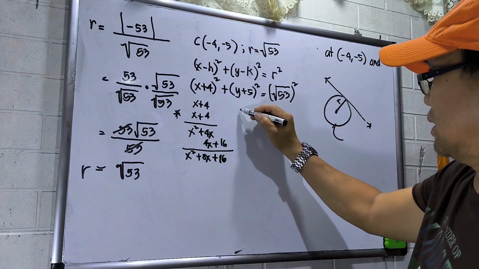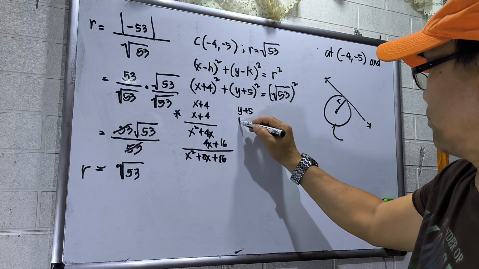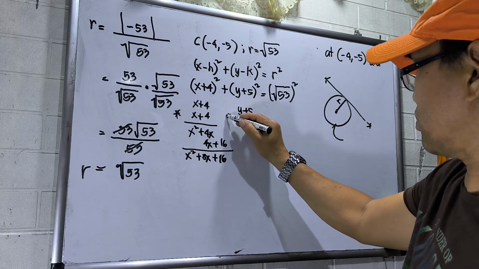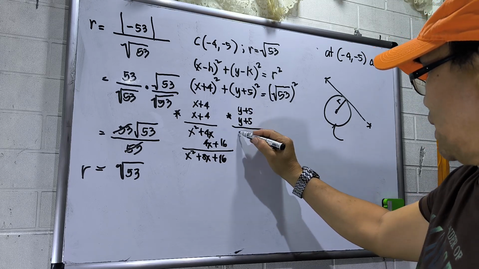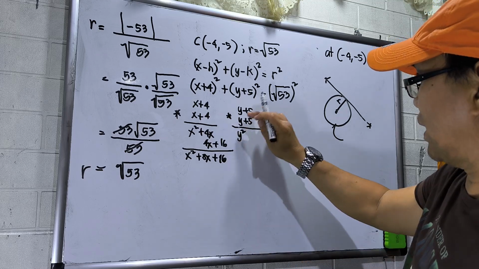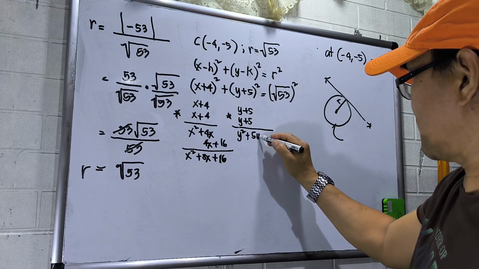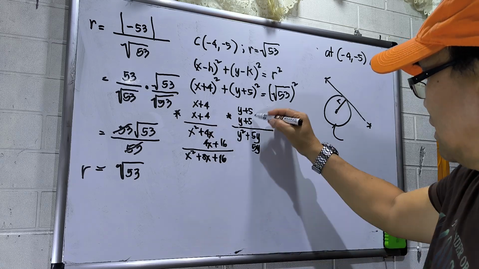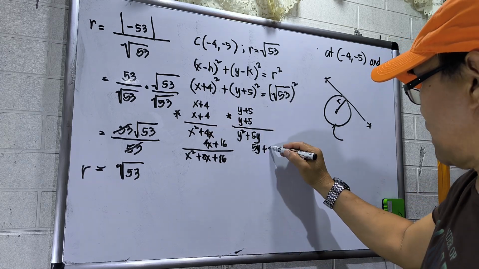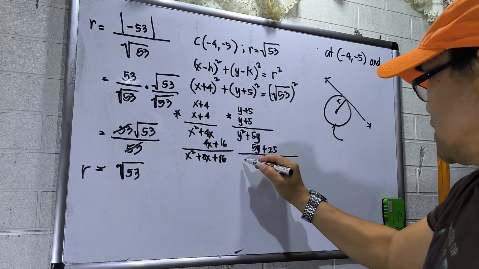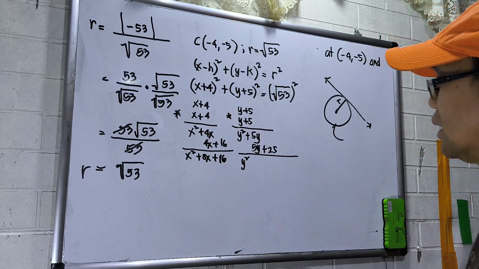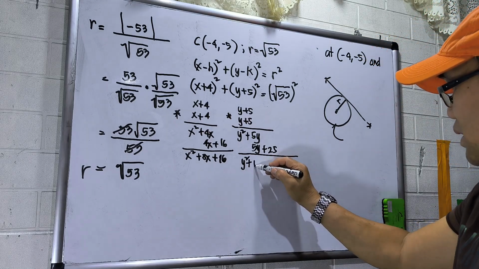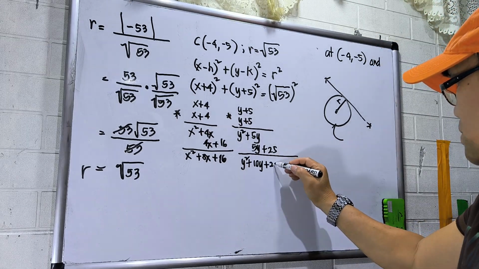How about y plus 5 times y plus 5? y times y is y squared, y times 5 is 5y, 5 times y is 5y, plus 5 times 5 is 25. So y squared, plus 5y plus 5y is 10y, plus 25.